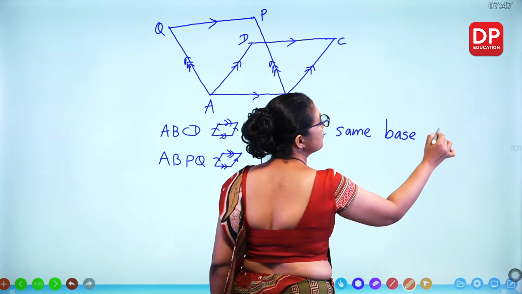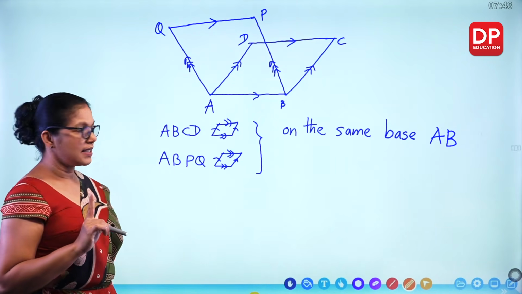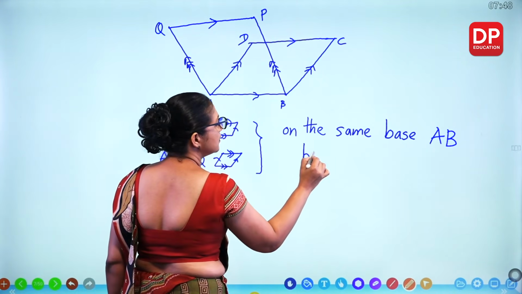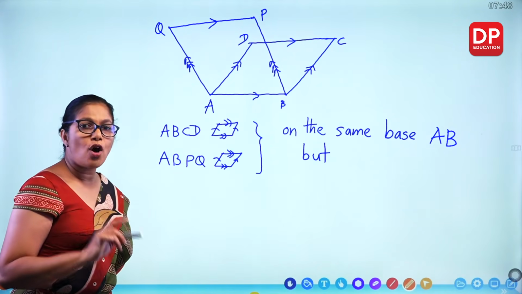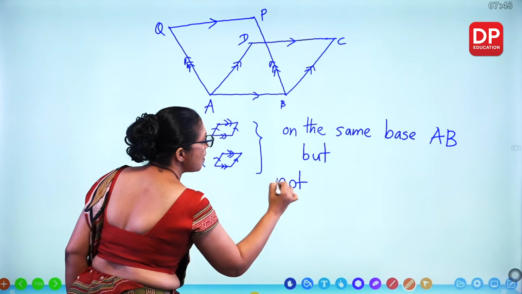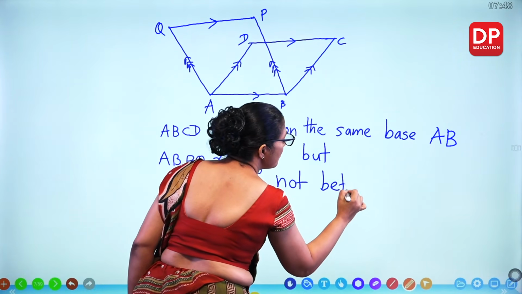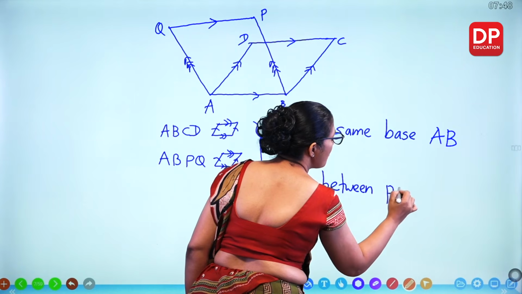AB. Same base AB, but these two are not in between the same pair of parallel lines.